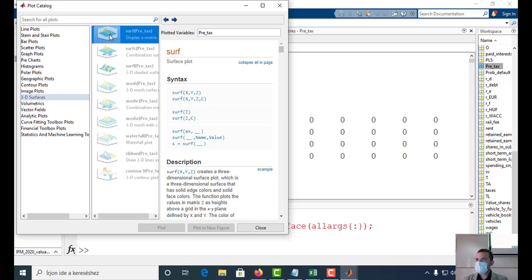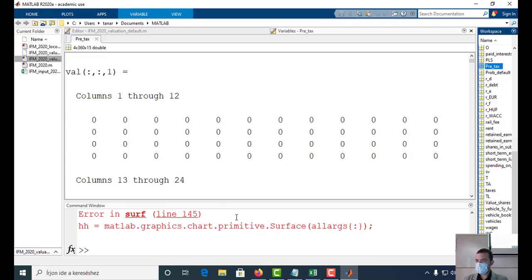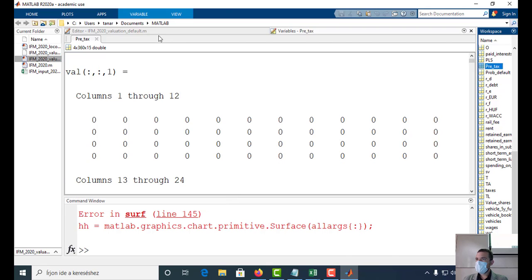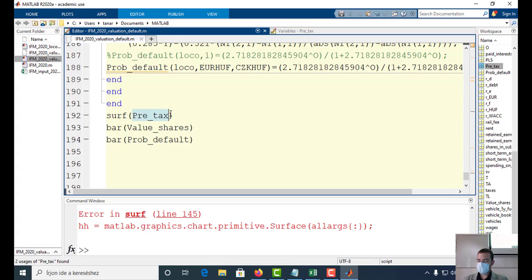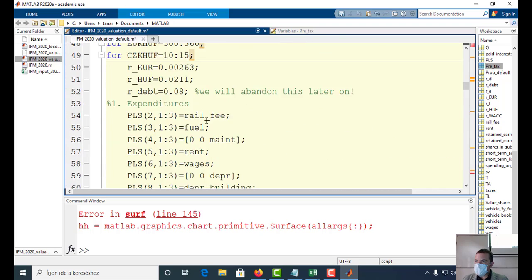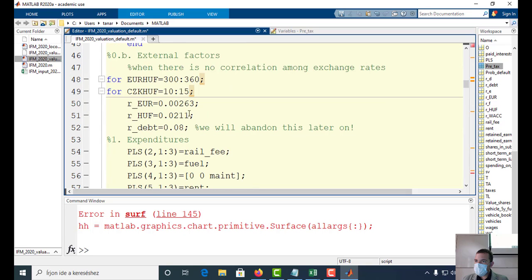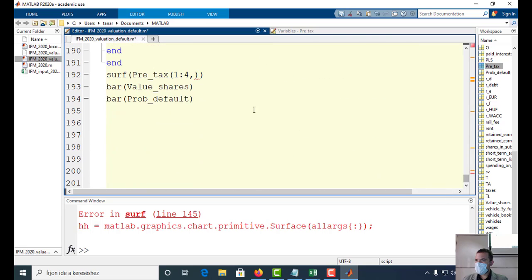What is supposed to be surface? One to 4. Maybe we have to limit it because it was not able to deal with all this stuff.